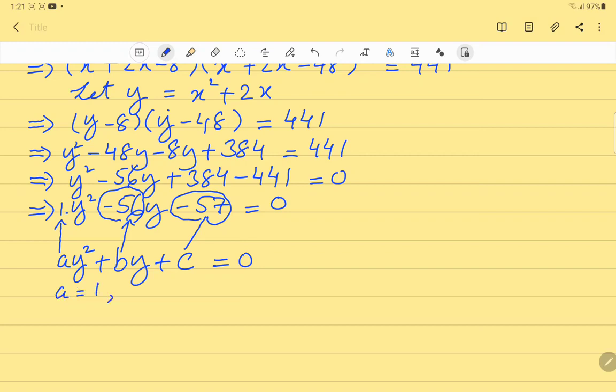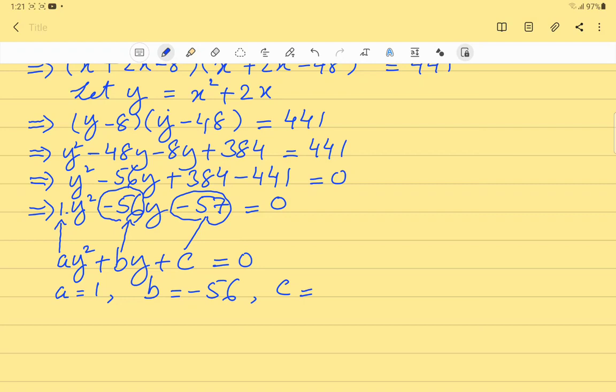So a is equal to 1, b is equal to minus 56, and c is equal to, sorry, I said we are going to solve it with factorization and I have started the quadratic formula.